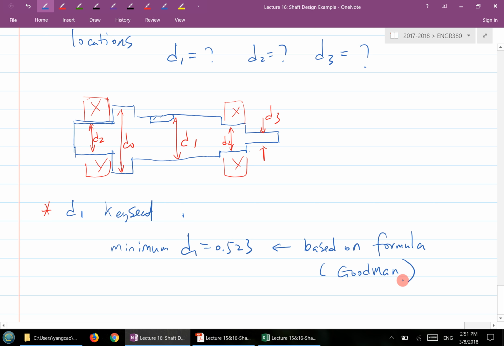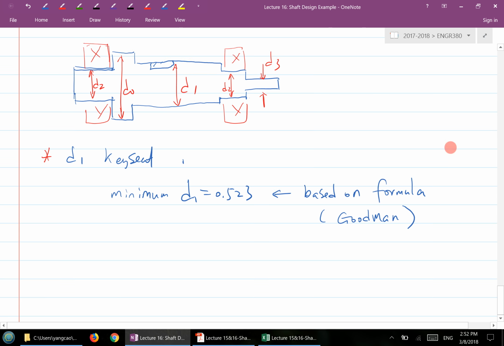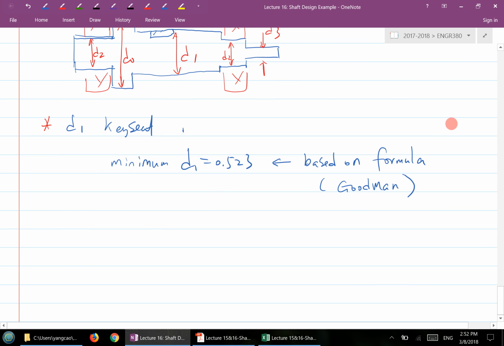With any formula you would probably get a slightly different D, but this number here is from formula calculation. So does that mean we have to take this number as the minimum shaft diameter? So this is D1 here. Let's leave it for now.